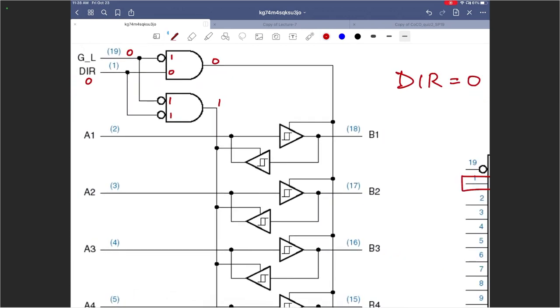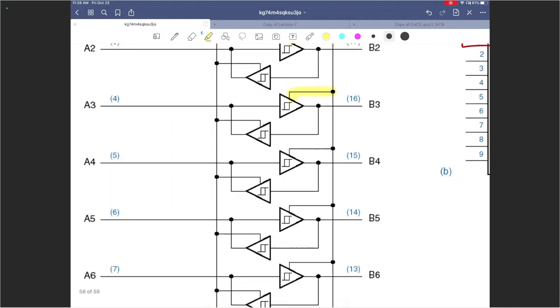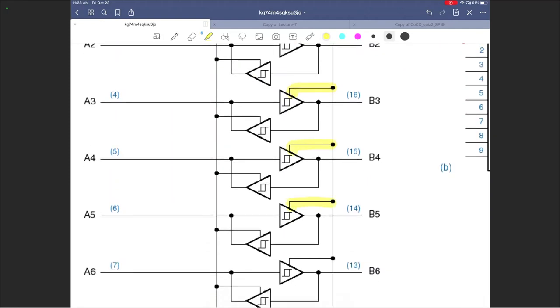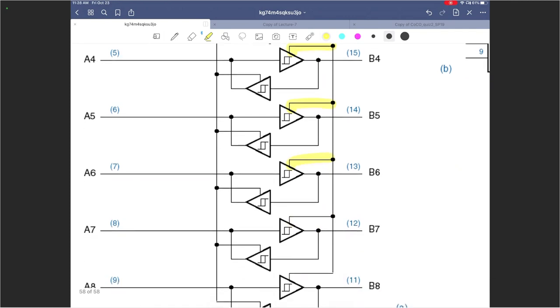Now, I am just going to take this 0 and write it everywhere on that line. So for example, this guy, this guy, this guy, and last one.